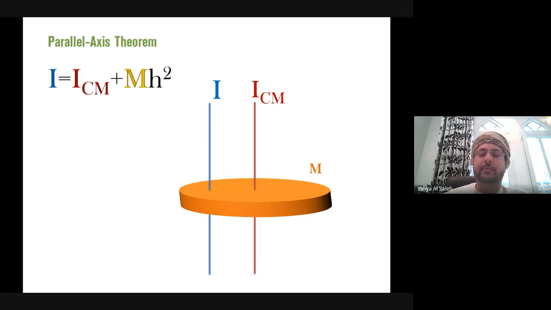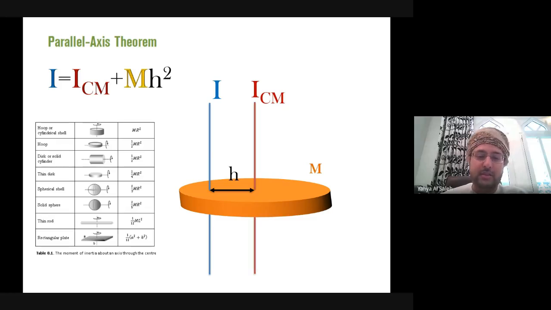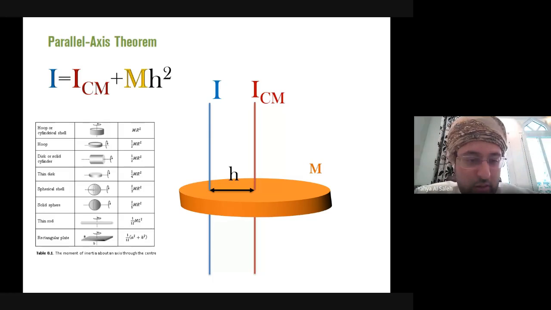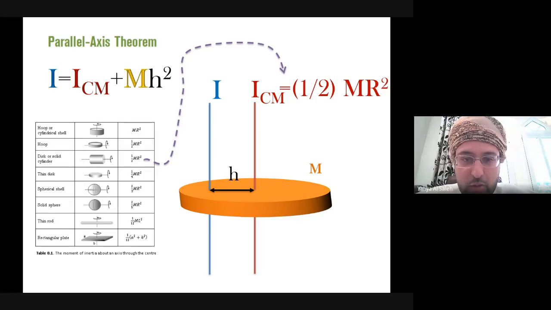Let's take a look. For a disk going through the y-axis, we know it's going to be half mr squared. I'm going to do an example.